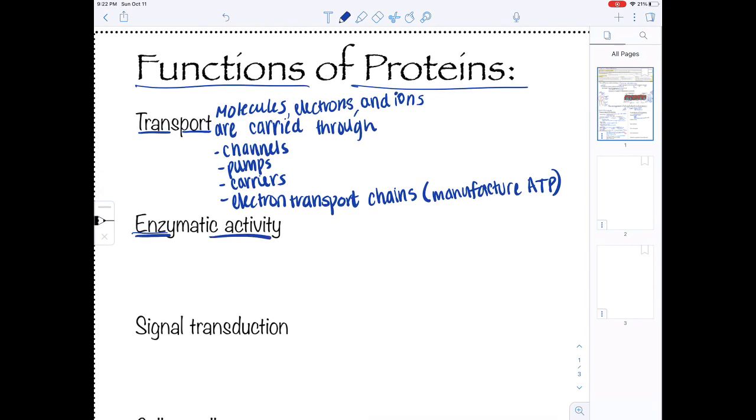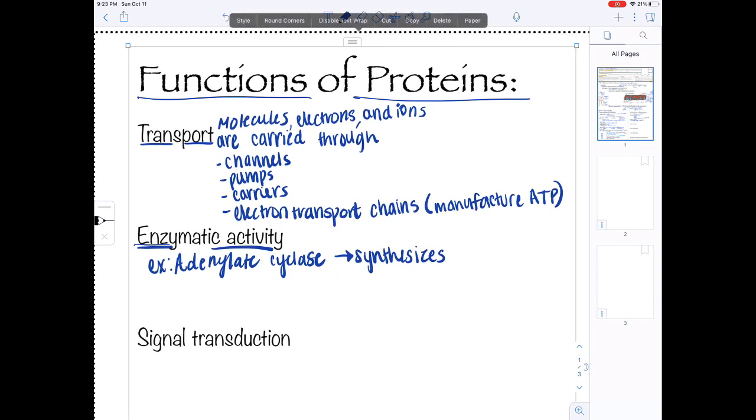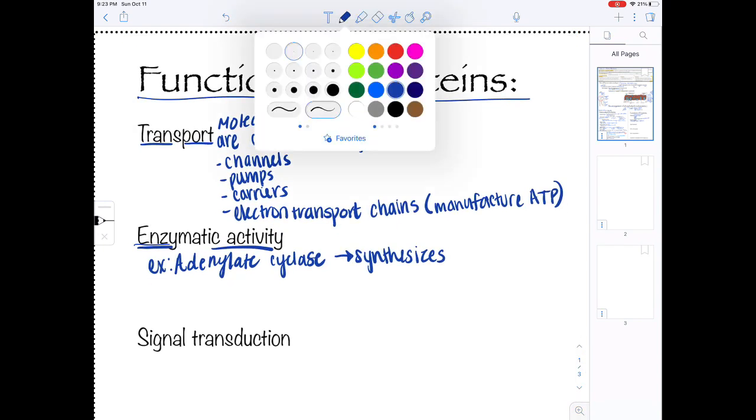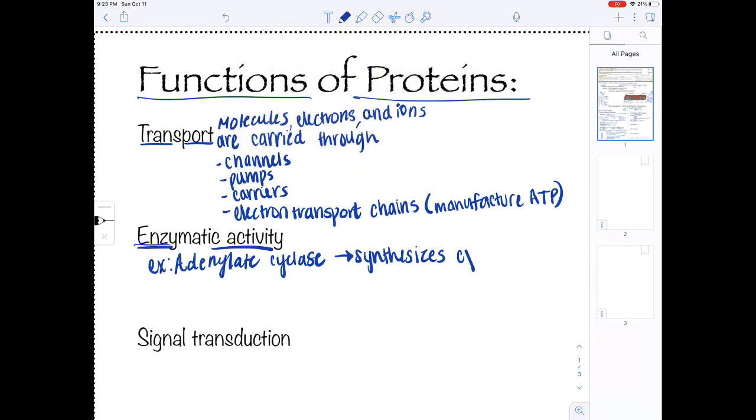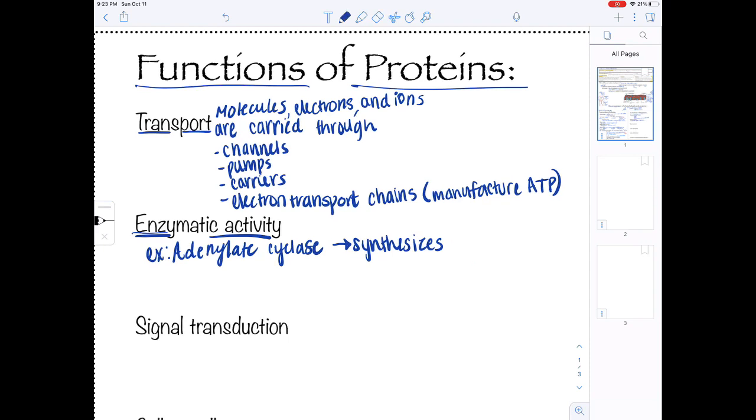Another function is the enzymatic activity. For example, we have our adenylate cyclase. This enzyme ends up synthesizing cyclic AMP, which is known as cAMP.